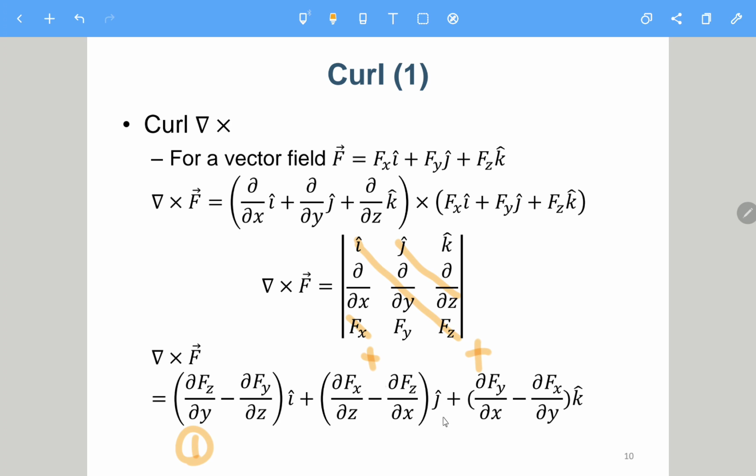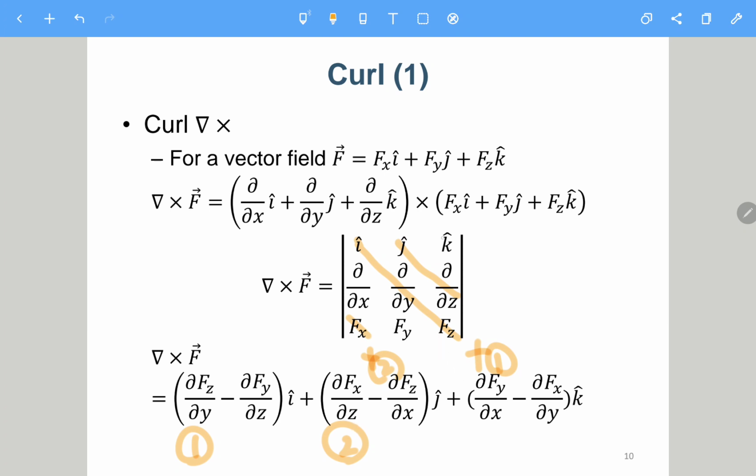And then you can check it: partial z fx. This is the second one, j hat partial z and then fx.